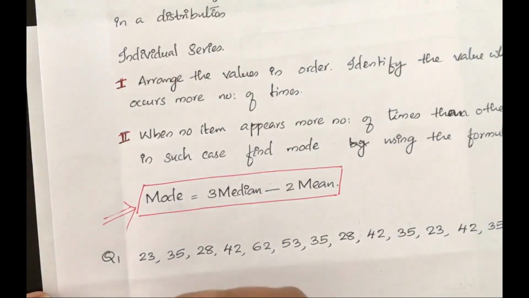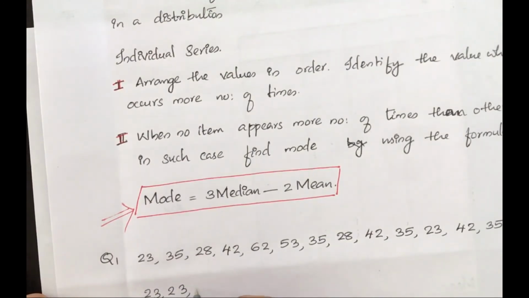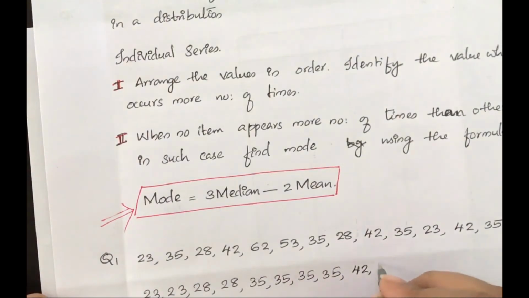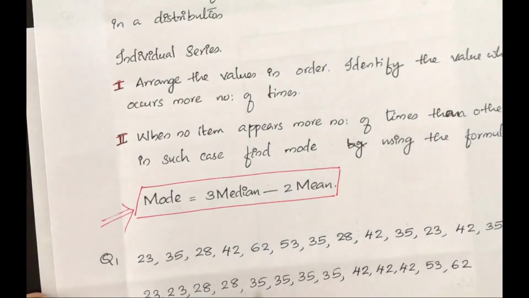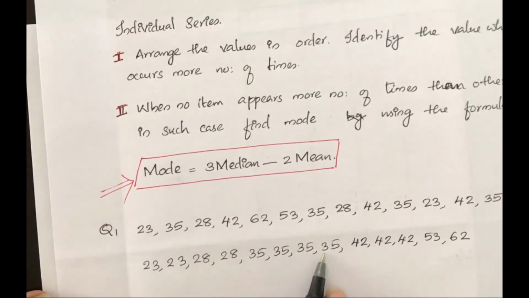Okay. So when I am arranging it, 23, 23, 28, 28, 35 is repeating 4 times, 35, 35, 35, 35, then 42 3 times, 42, 42, 42, 53, 62. Which numbers repeat more frequently? 35, which repeats 4 times.